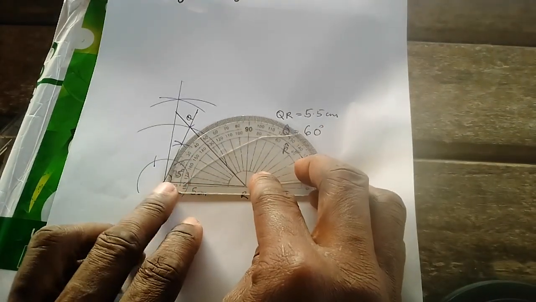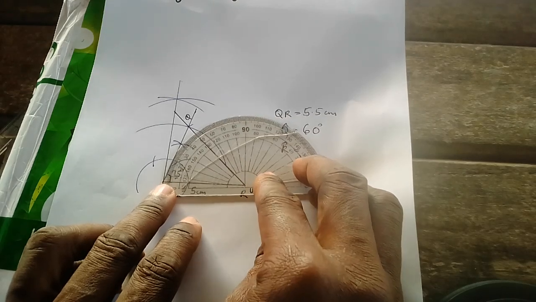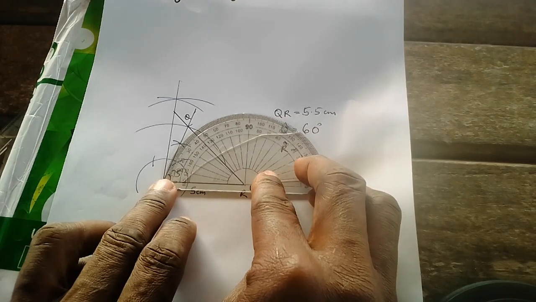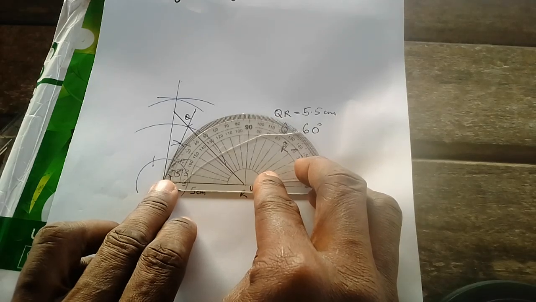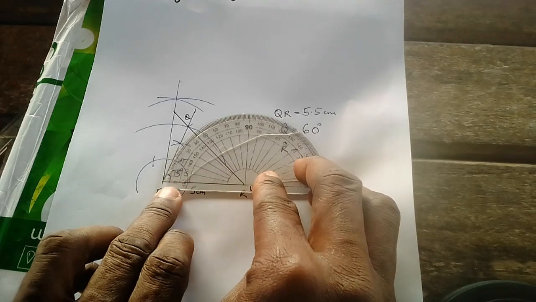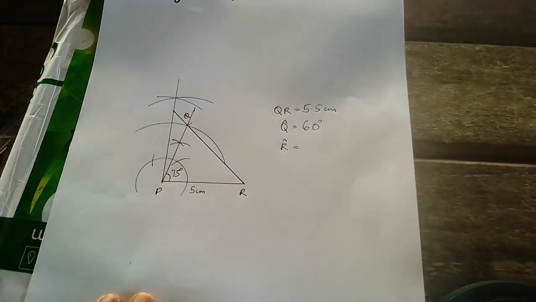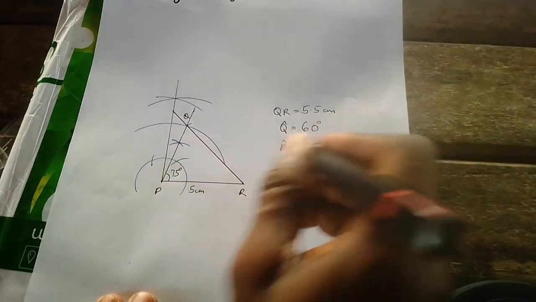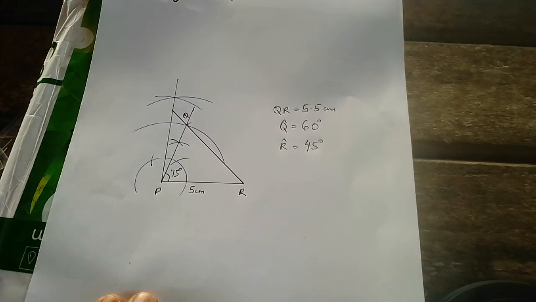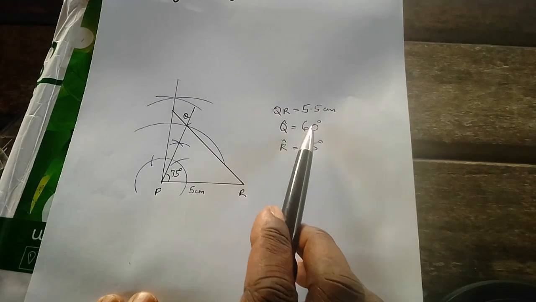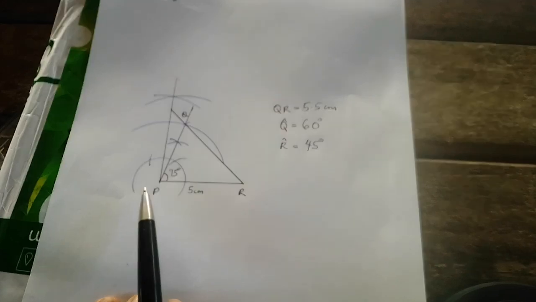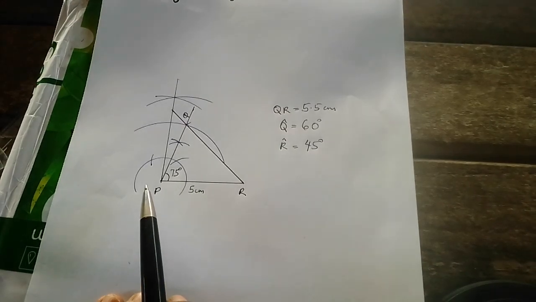So I'm having 45 degrees. So R is 45 degrees. So if you add 60 plus 45 plus 75, it gives us 180 degrees.